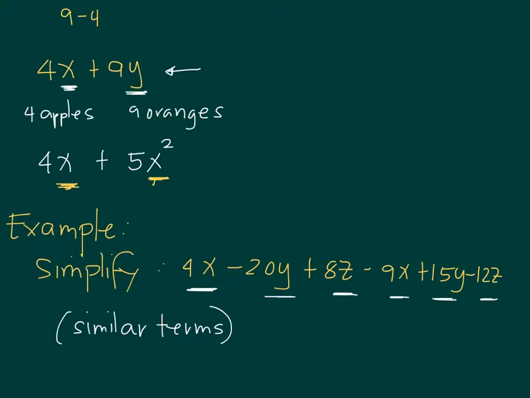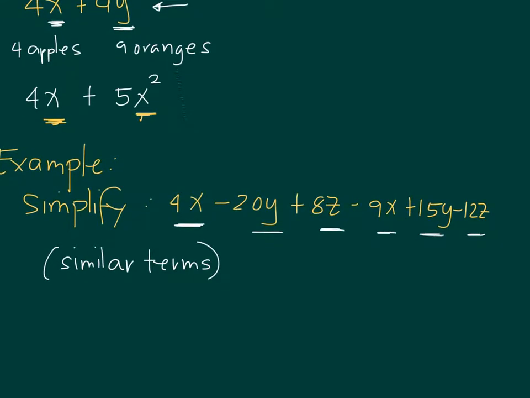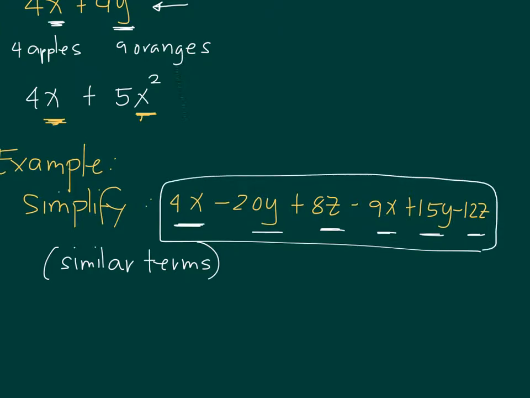Okay, so how can we make this easy to simplify? Now some people will do it this way: they try to group all the x, group all the y, and then group all the z. Some people can do it directly from here, but just in case it's not easy for you, the first thing you can do is group all the x. So you have 4x, and look for the other x, which is minus 9x.